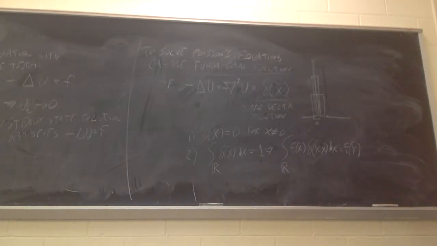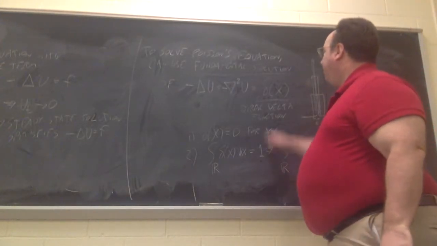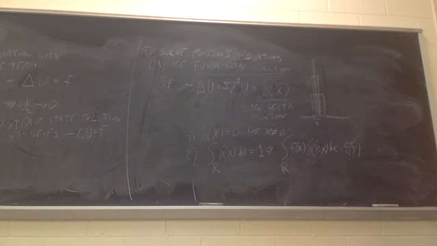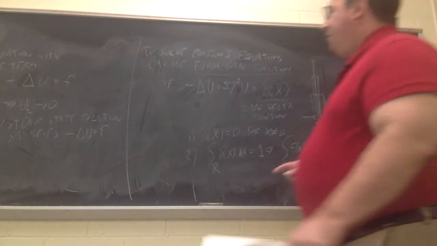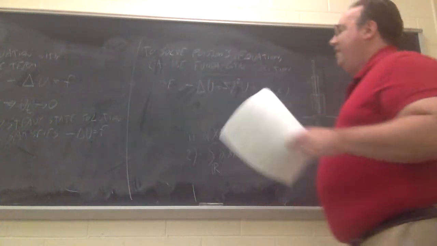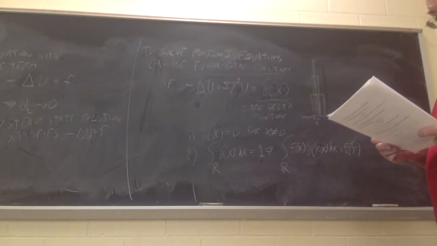Okay. Now, what I want to do is solve this, and then we'll use that solution to write down a solution to Poisson's equation in general, for whatever f you have on the right side.